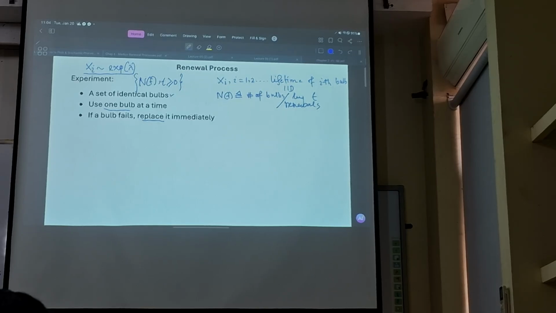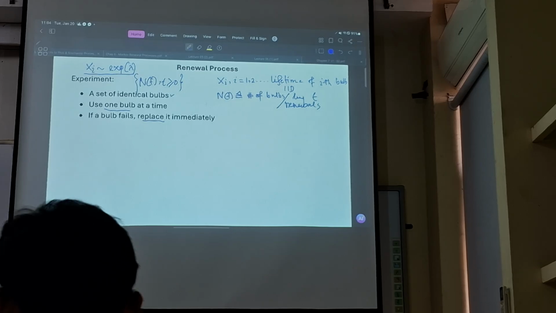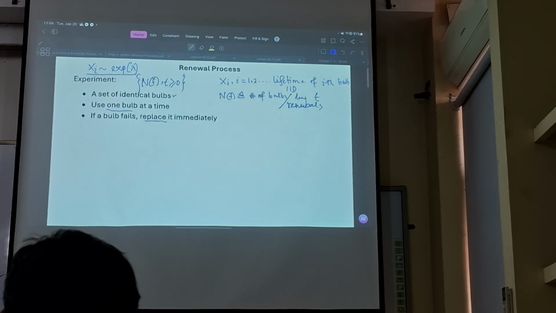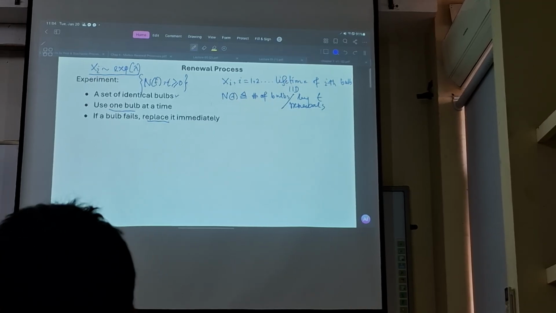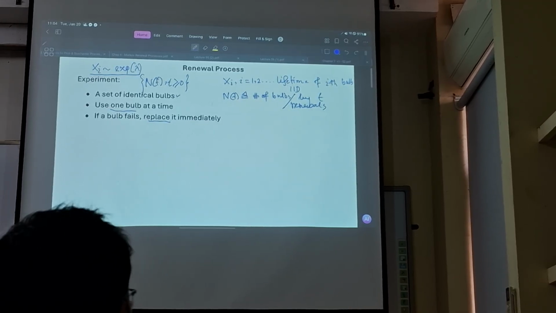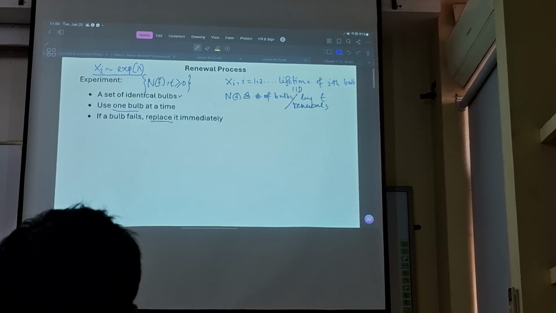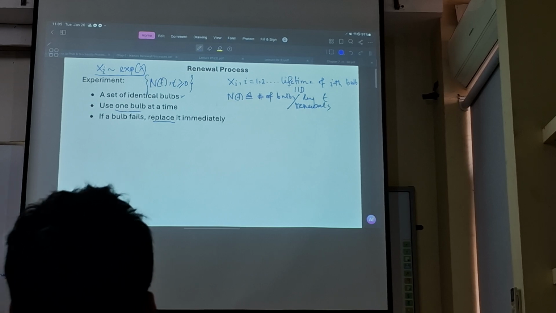As I mentioned earlier, we will consider holding times that are not exponential. So if Xi's are not exponential, then N(t) is no longer a Poisson process.